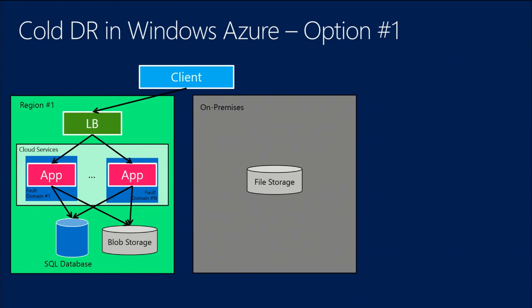And this is actually configurable. I can define the number of fault domains that I want, and say, I have 10 instances running, I have 5 fault domains, which means that I have 2 instances running in each different rack.